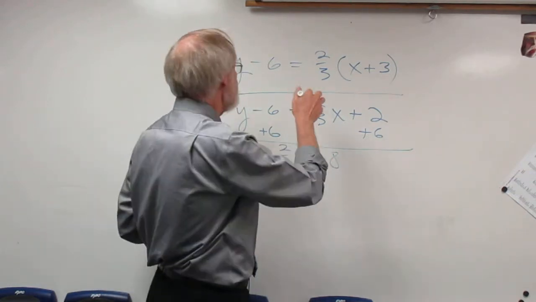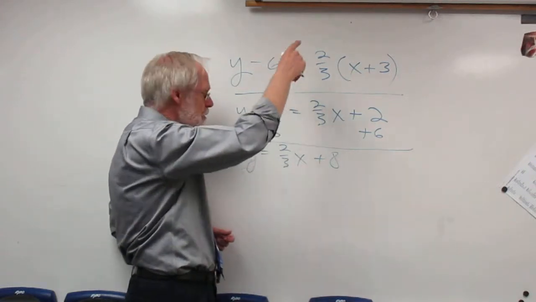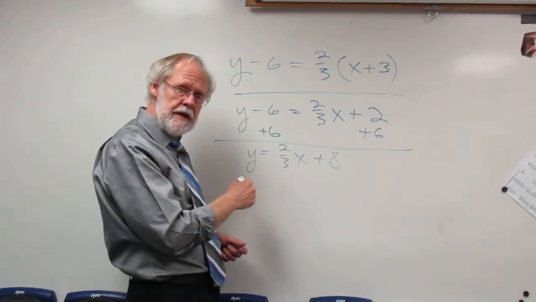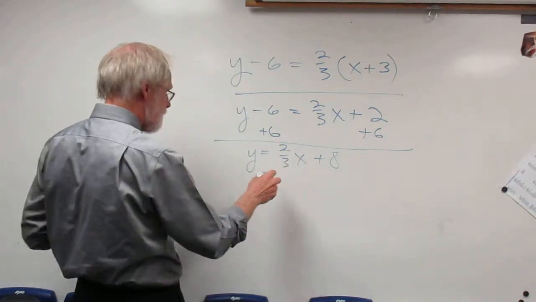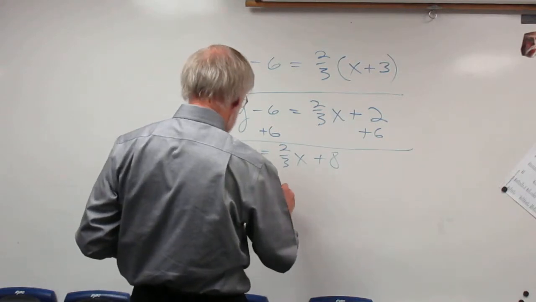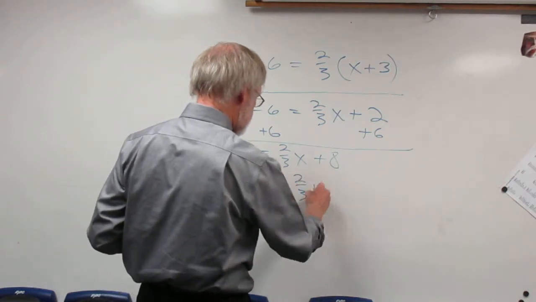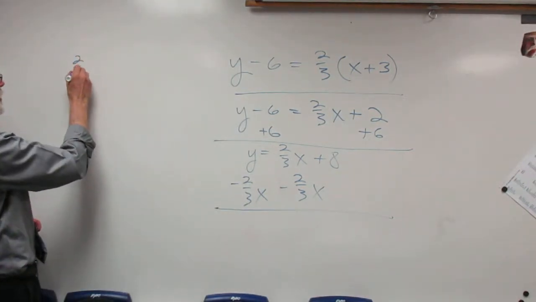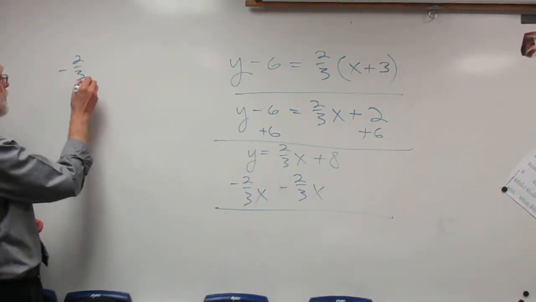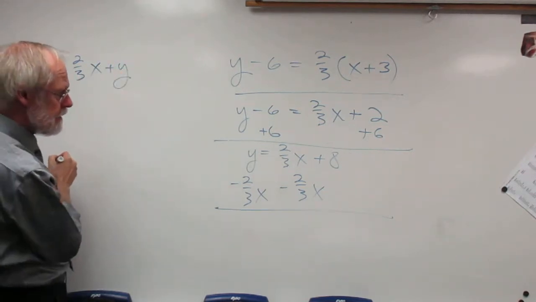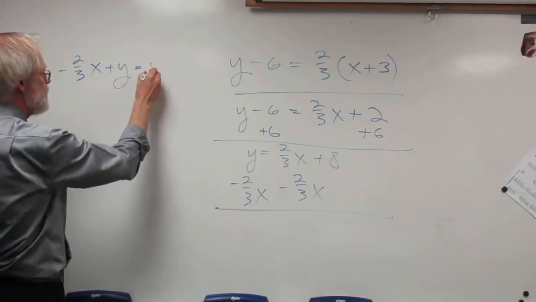Now, I've taken point-slope form and put it into slope-intercept form. I now want to put it in standard form. So I'm going to subtract the 2/3 x from both sides. And over here, we now have negative 2/3 x plus y is equal to 8.